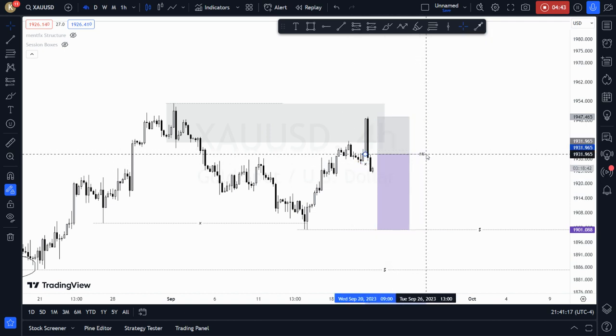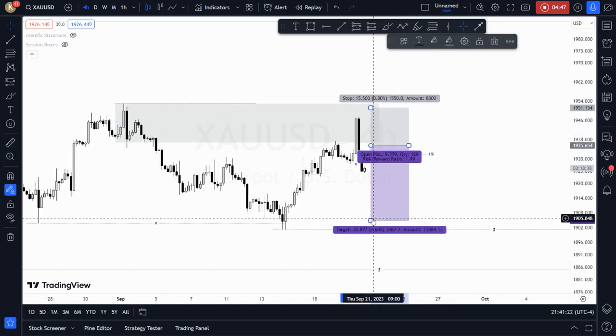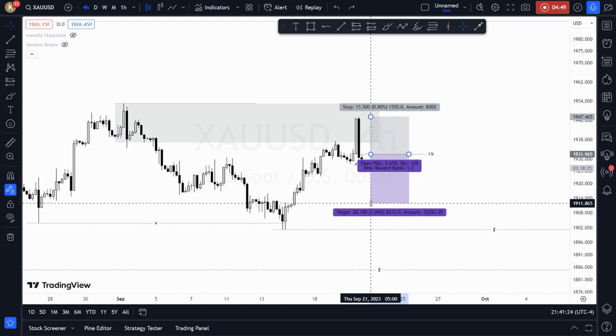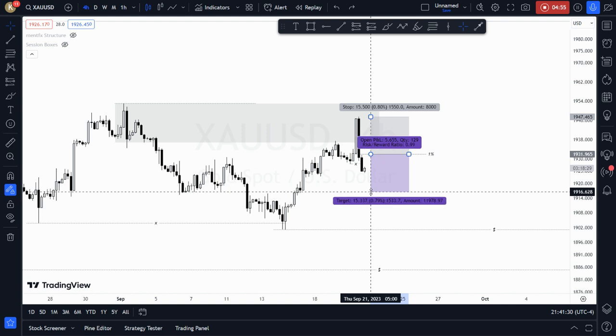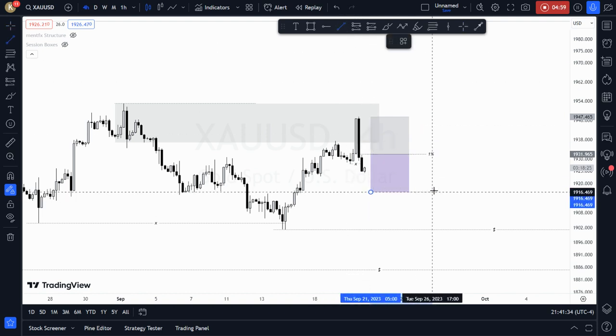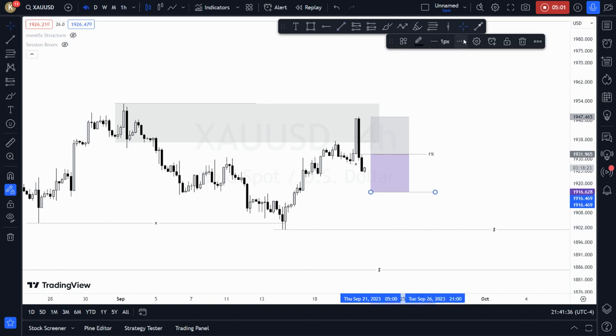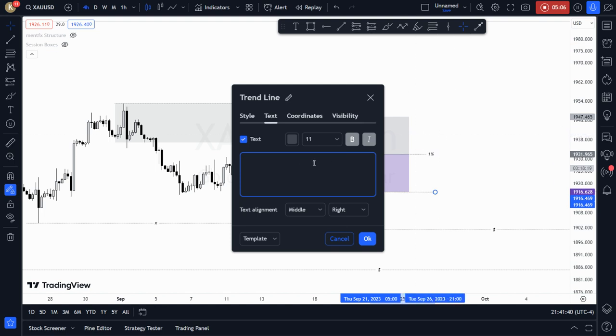Bring this over. At 1 to 1, I'll mark that out. All right, so 1 to 1's right here. This will be the break even point. Let's see. 1 to 1 RR, BE.